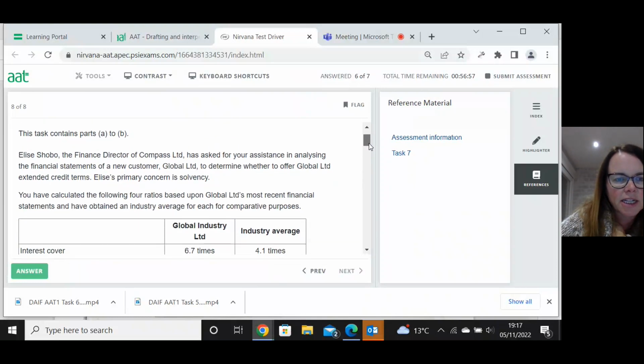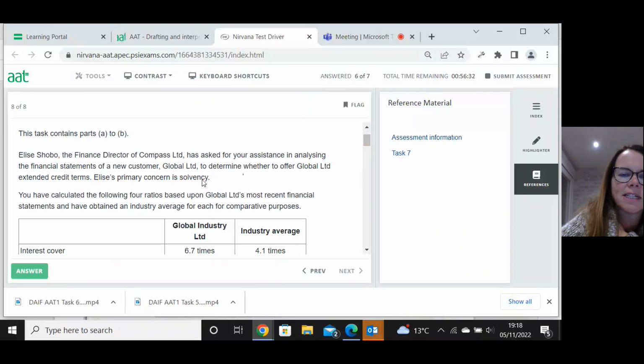So the key question here is that we are being asked to analyse the financial statements to determine whether they should be given extended credit terms. Our primary concern is solvency, right? If you're thinking about giving credit, then your main concern is can they repay on time and at all.